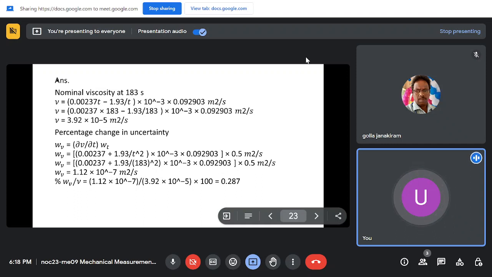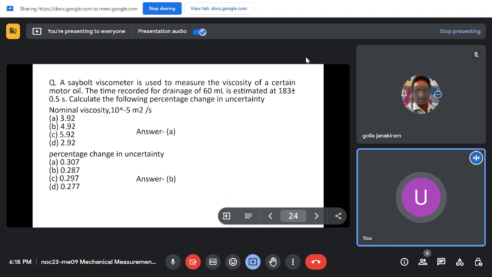I hope this is clear. Okay, then moving on. The answers to the questions are option A and option B respectively.